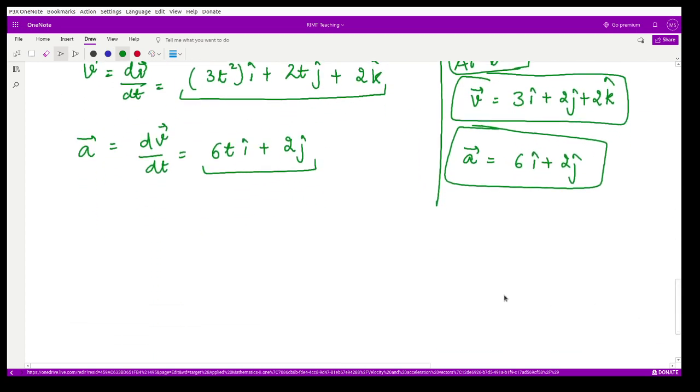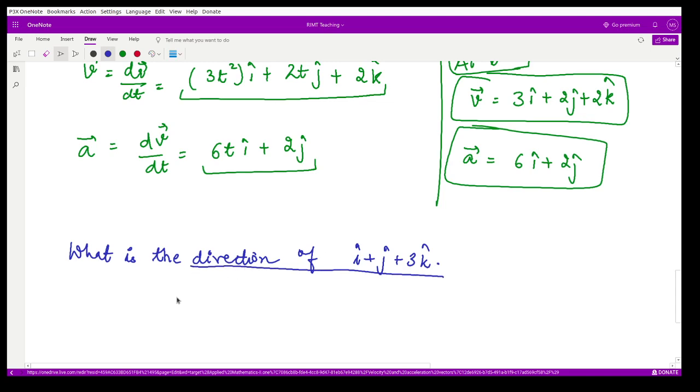So we have to determine the direction of the given vector, which is I cap plus j cap plus 3 k cap. The direction of this given vector is found by calculating the unit vector in the direction of this vector. So the unit vector here would be the vector itself divided by its magnitude.